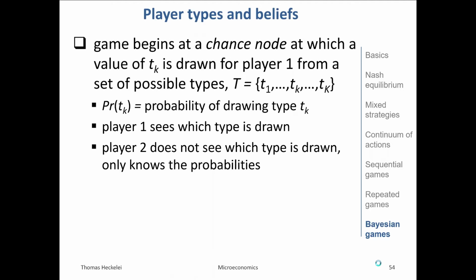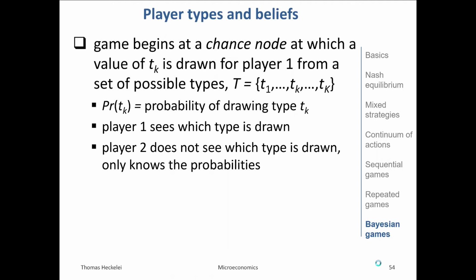That is, we imagine nature is the one who picks the type of player one from a set of all possible types. Let's say player one can be one of K types from T1 to Tk, and nature will randomly draw one of these elements out, and his type is determined since then.